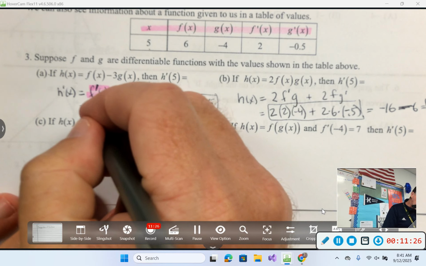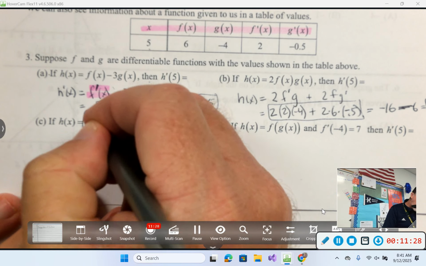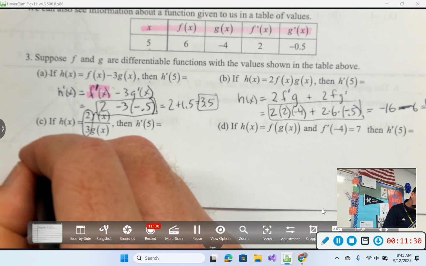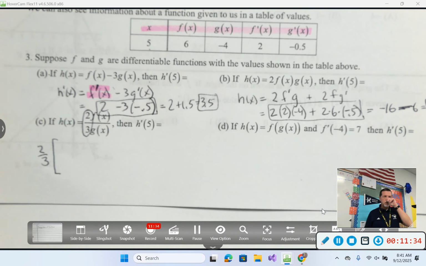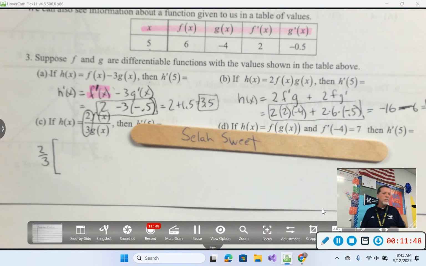And I think to avoid hassles, I'm going to put the 2/3 out front and then do the quotient rule. Otherwise, I got to keep up with 2 and 3 and end up squaring 3. So just slide the 2/3 all the way out front, and then the quotient rule. Sayla, can you remind us what the quotient rule is?